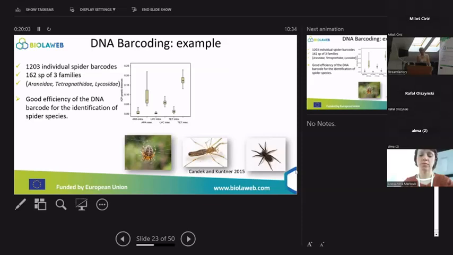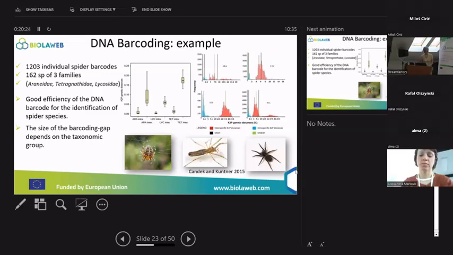So you can see that there is a difference, indeed, between the mean intraspecific distances and the mean interspecific distances for each of these families. But as I will show, it's not exactly the same in all the families. You can foresee that from the box plots, but you will see it in more detail.